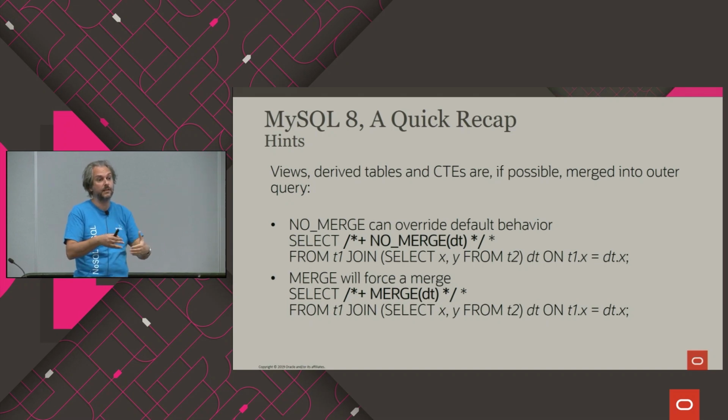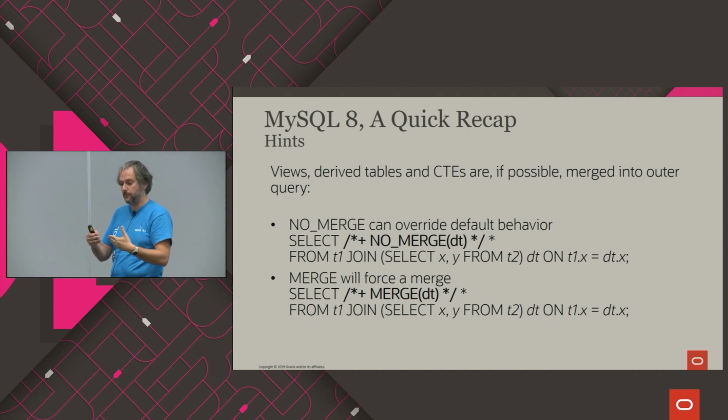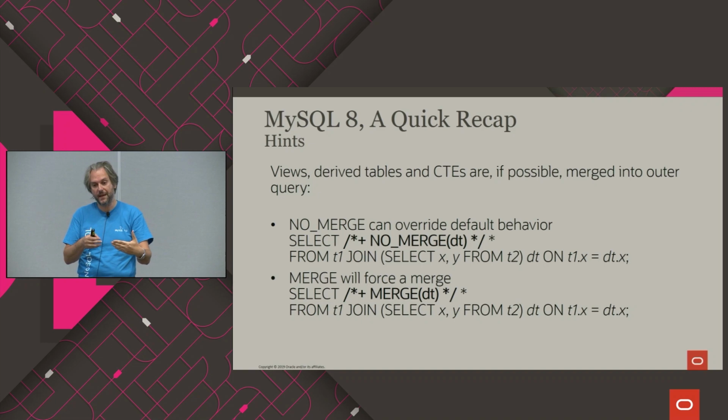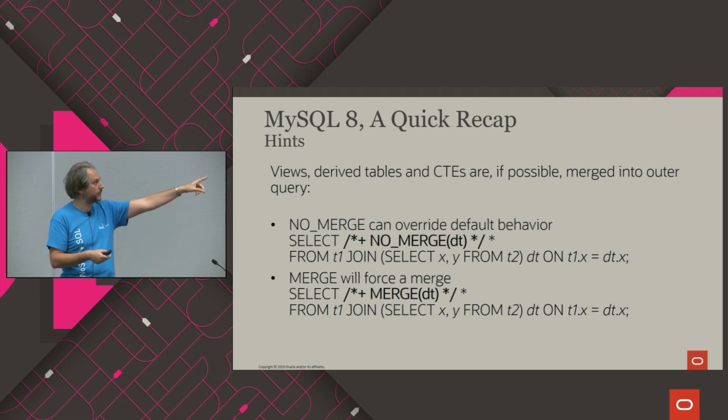That means that a table is created, and can also be indexed, as a temporary table. So the query is executed by making use of this temporary table, which materializes those views, derived tables, and CTEs. And the optimizer may choose to add an index as well.